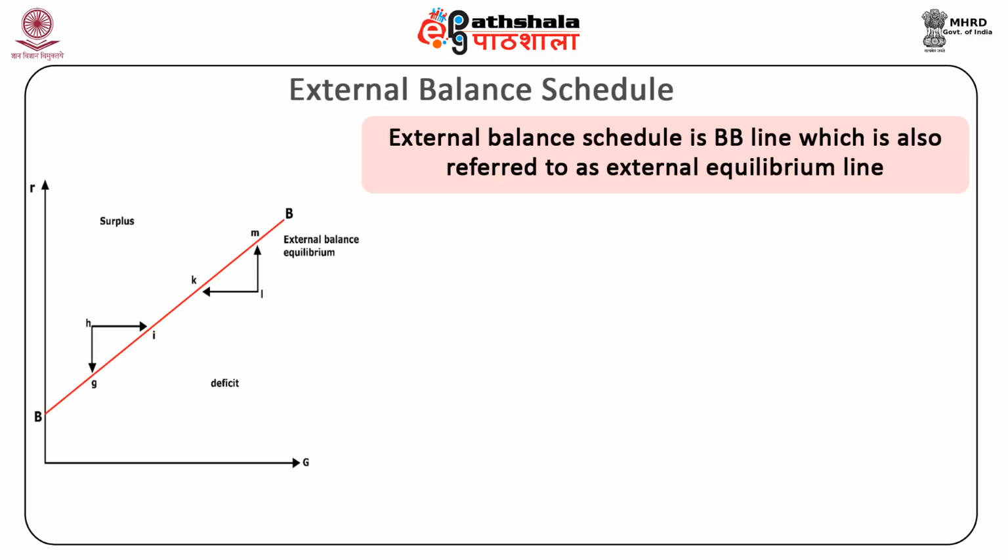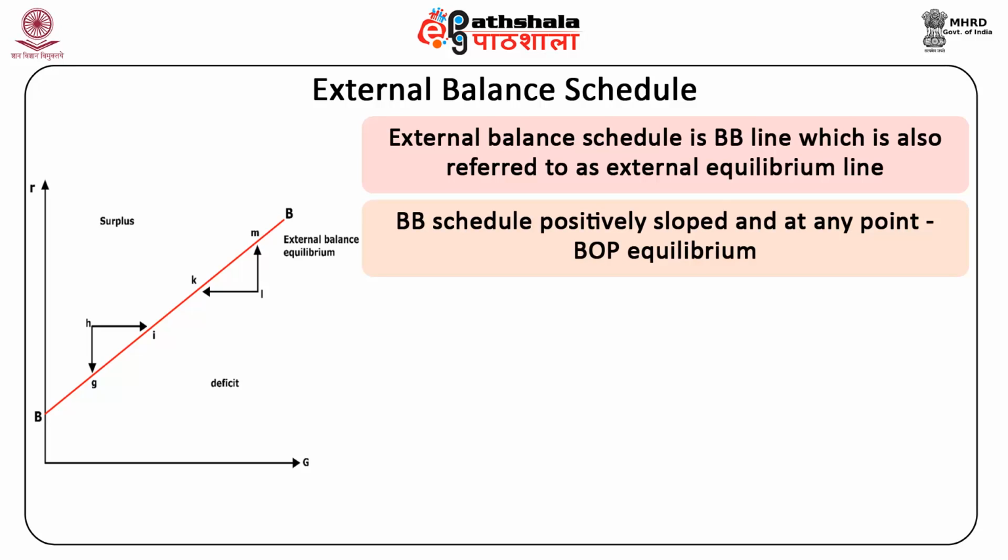In the figure, the external balance schedule is the BB line, which is also referred to as the external equilibrium line. BB schedule is also positively sloped, and at any point on the BB schedule, there is BOP equilibrium with no overall deficits or surpluses.